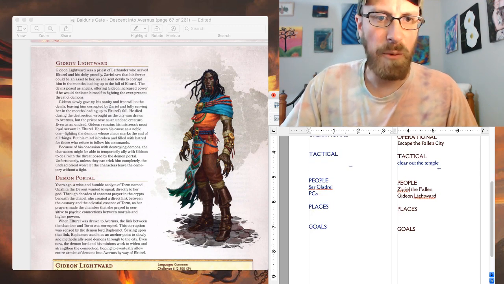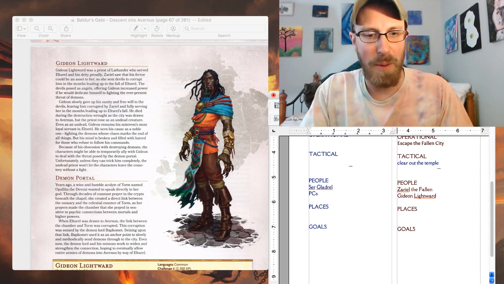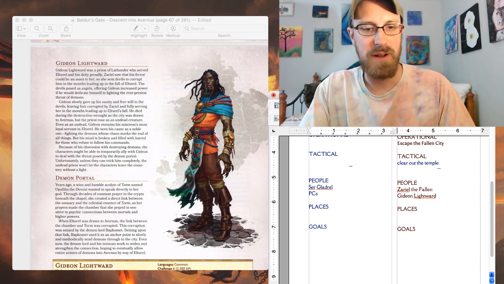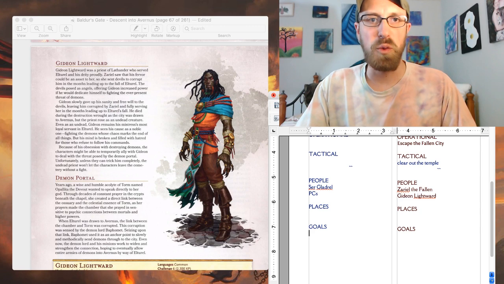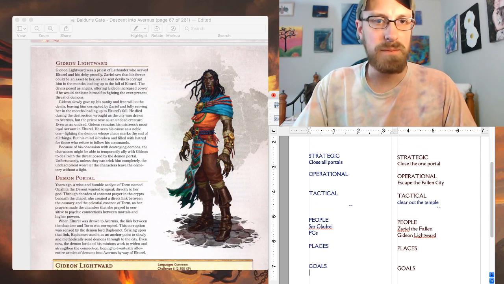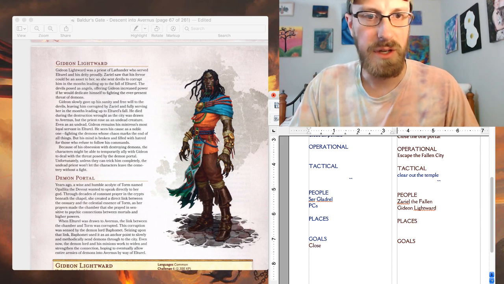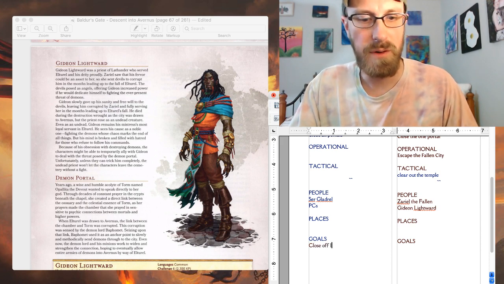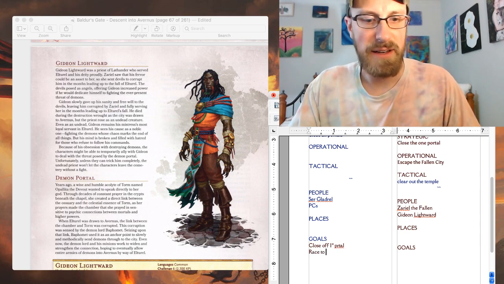And what are our PCs' goals? When they get down there, they're going to have to find a way to close off portals one by one, right? Close off the first portal. They're going to have to race to fight Gladriel.